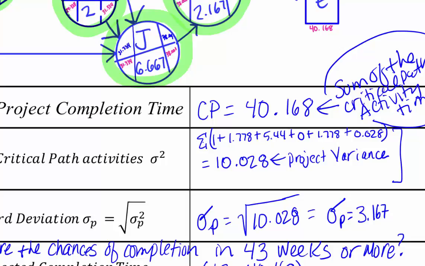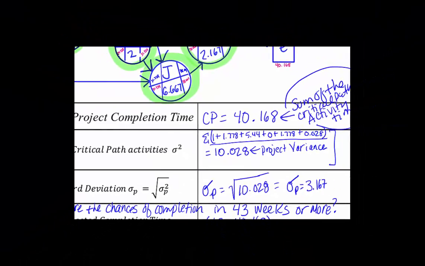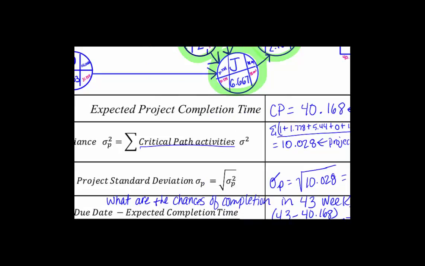So these variances that are listed here are only for the activities on the critical path. We don't want to add in there any variances for activities that are not on the critical path.